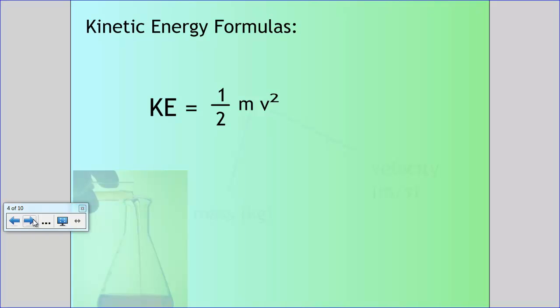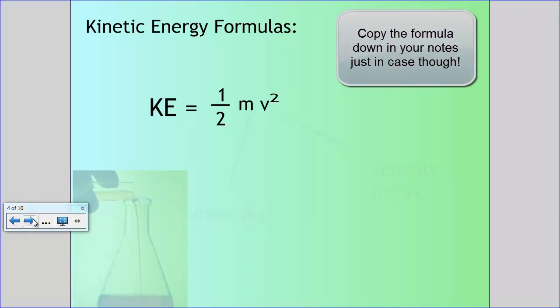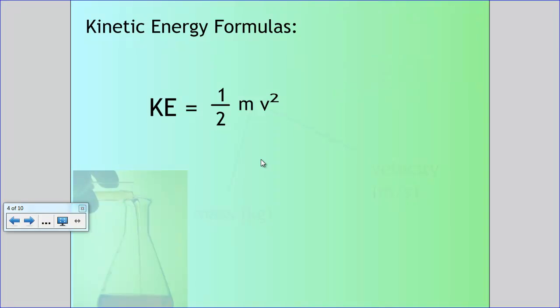And so kinetic energy, if things that are kinetic have motion, means energy of motion. You probably remember this from middle school science class where you talked about potential energy and kinetic energy, or maybe if you've taken physical science. There's a formula to calculate the amount of kinetic energy: KE equals 1/2 m v squared.